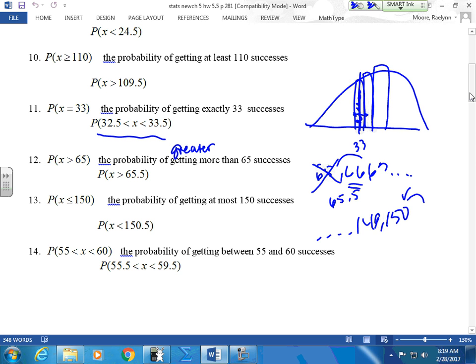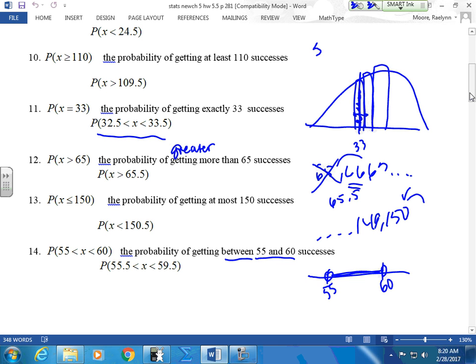Here's an in-between. Now you have to be careful. They said getting between 55 and 60. They didn't say inclusive. So on my number line, this would look like this. I wouldn't be able to use those 55 or 60 because I want the in-between numbers.